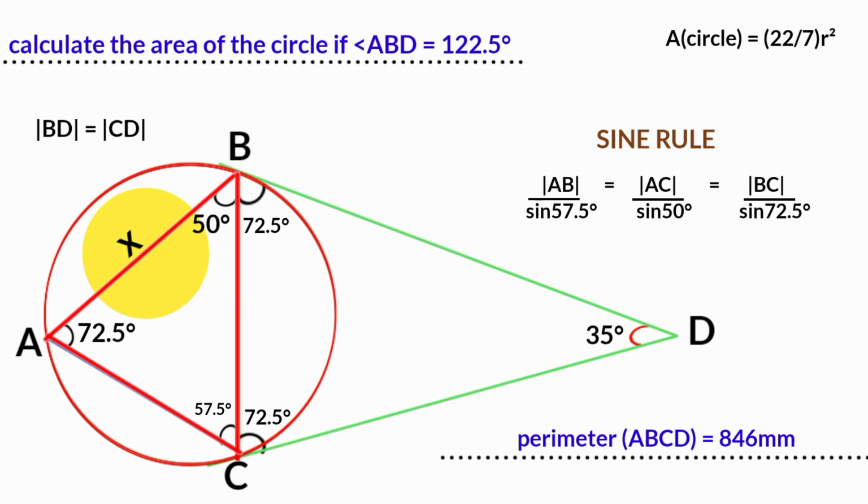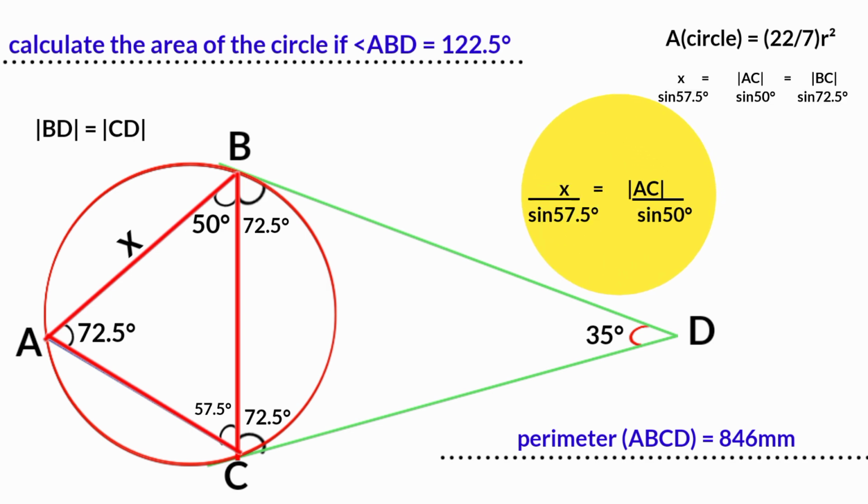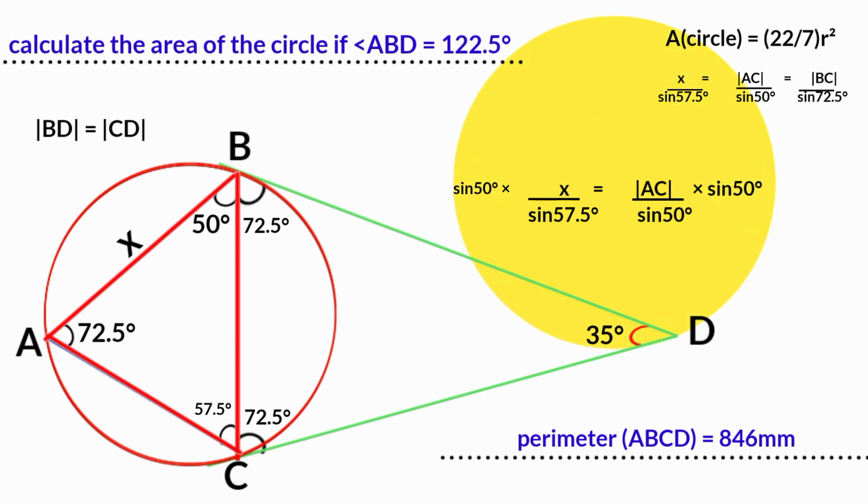But line AB here has a length x, so we substitute it here. Now if you take this part here, x over sine 57.5 degrees equal to line AC over sine 50 degrees. To make line AC the subject, we multiply both sides by sine 50 degrees.